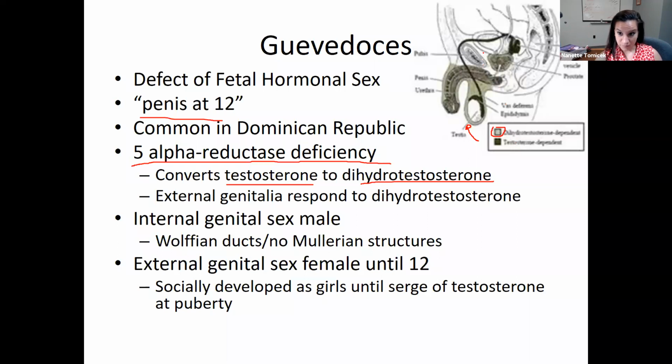So those structures are going to fully form, but the testes won't descend. Because it's a genetic defect of the 5-alpha reductase enzyme, it's going to be in certain populations. And there's one in the Dominican Republic, and that's where it gets its name. Huevodosis in the native tongue translates to penis at 12.